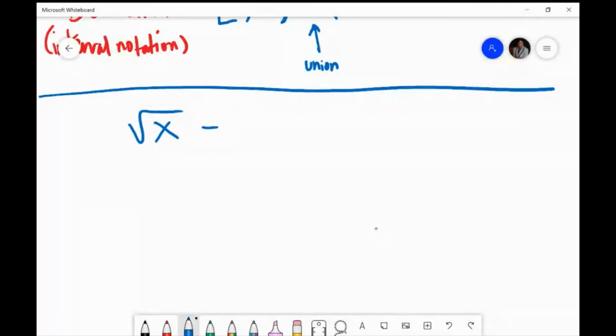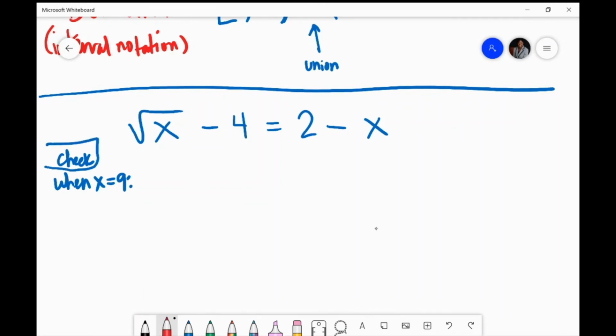It was the square root of x minus 4 equals 2 minus x. Was that the original equation? Correct. So check when x equals 9. All we're doing is replacing all of the x's with 9.